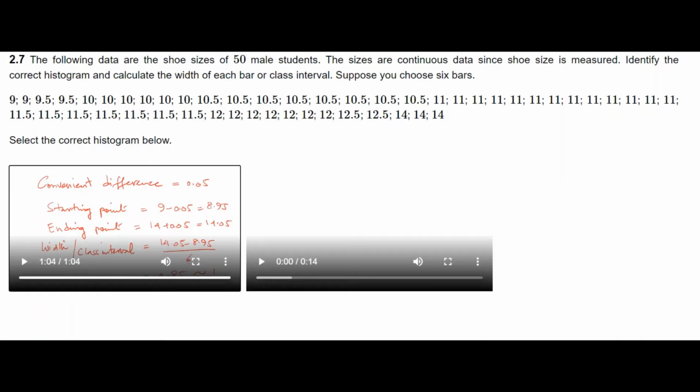Which means that we have to set the class interval as 1. And if we start from the initial point, which is 8.95, then 8.95 should be the starting point of the first interval, and adding 1 we get 9.95, and that should be the ending point of the first interval.